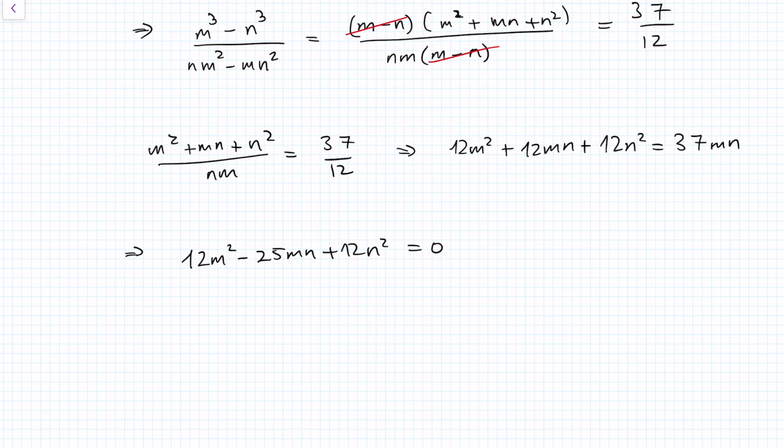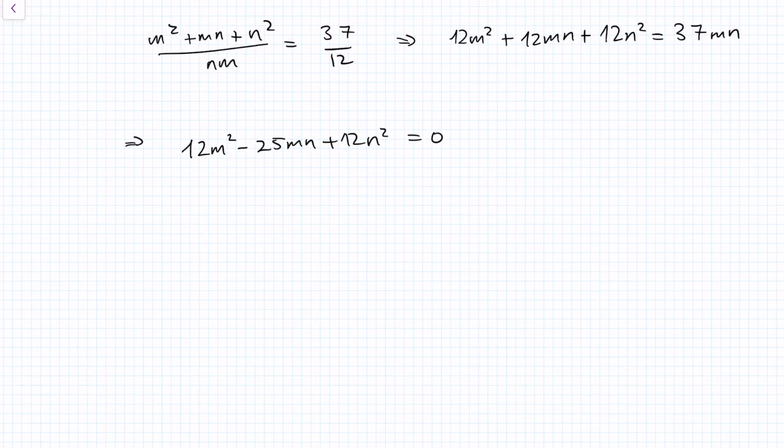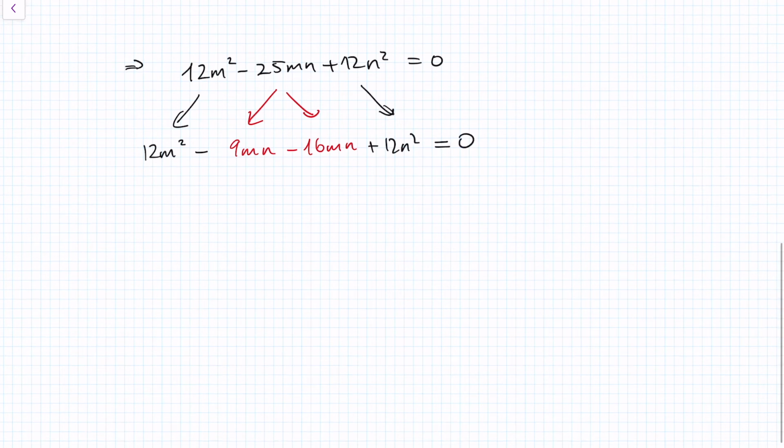Okay, so let's try factorizing this. If you just write 12m squared as it is, but split 25 into 16 and 9, and then copy the 12n squared, that's equal to 0.